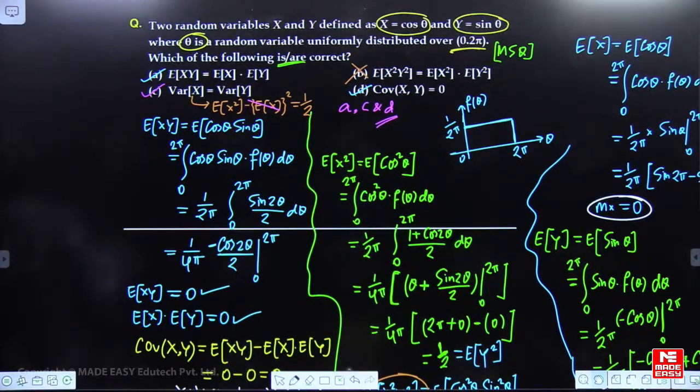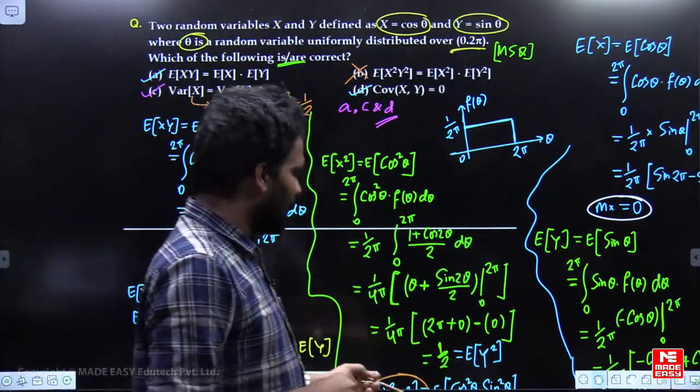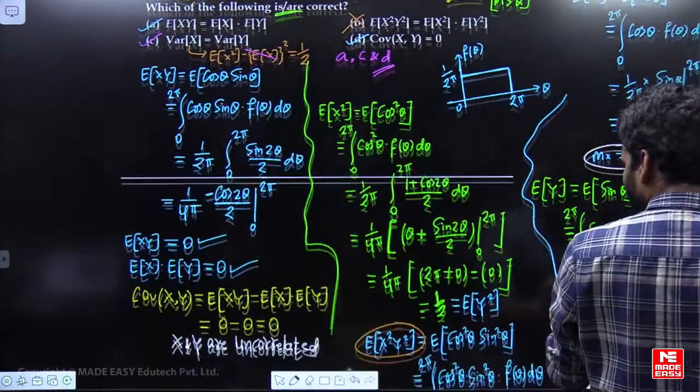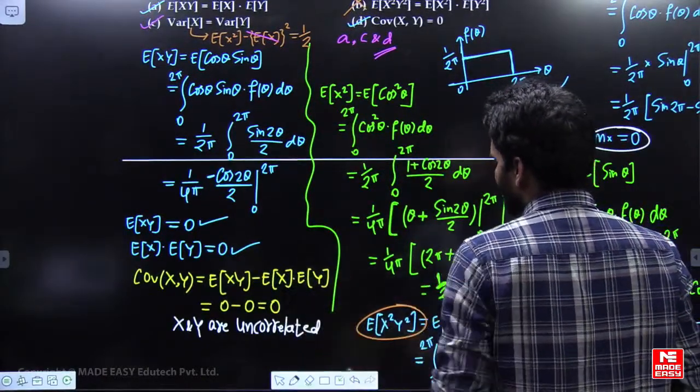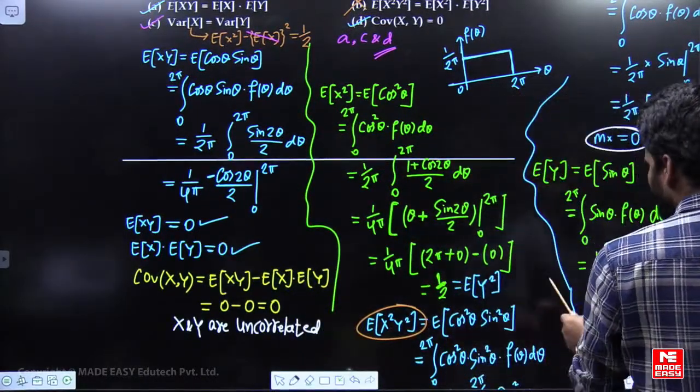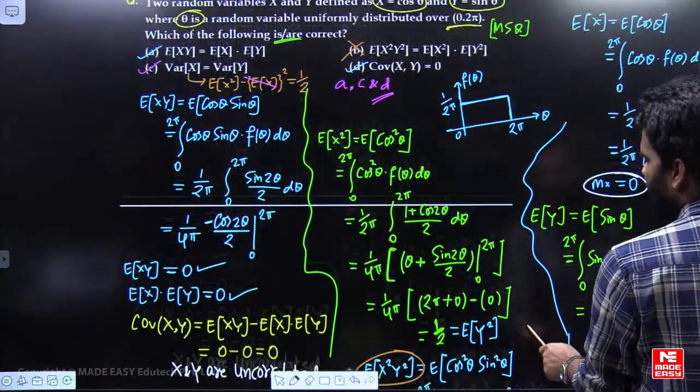Just by trying up to second order you will come to know whether x and y are independent or not. Yes, you can see here x and y are uncorrelated because covariance is 0, which means uncorrelated. So random variables are uncorrelated but not independent.